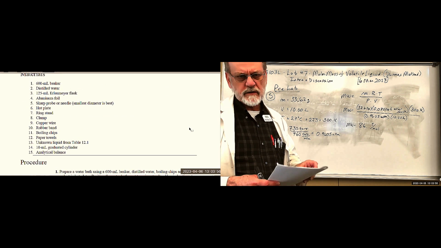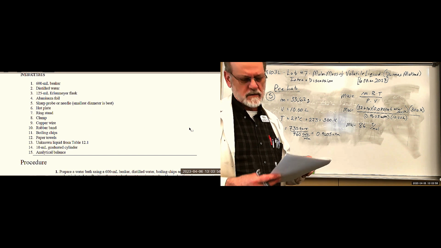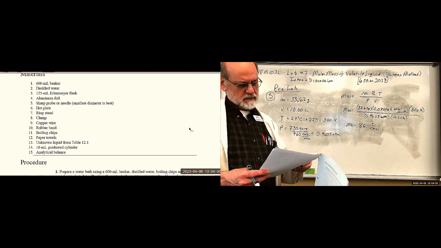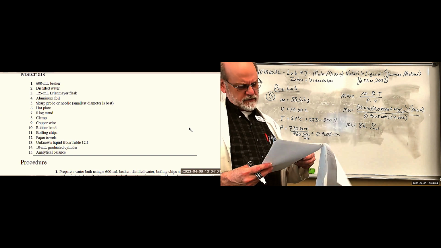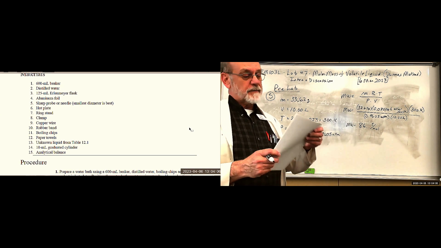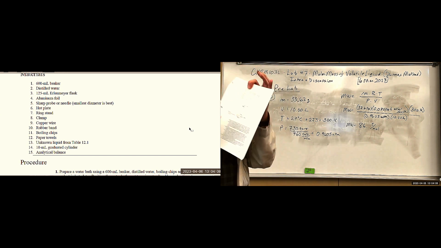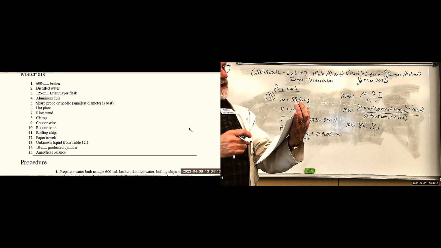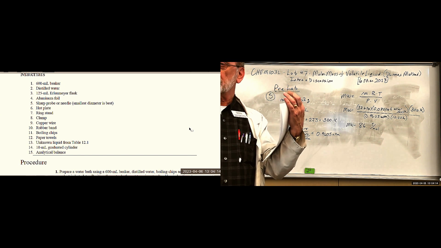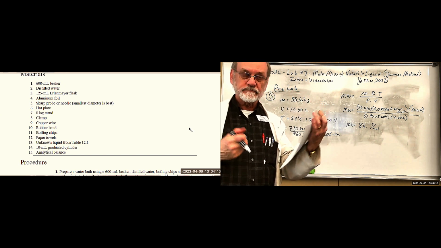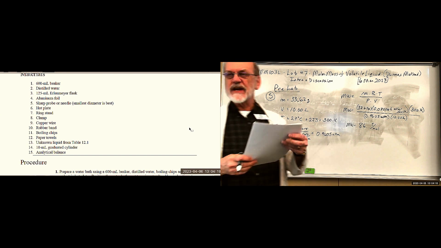Okay. Any questions so far? Let me see. We got any post-lab questions? Well, you'll see in this chart right here, I've got 1, 2, 3, 4, 5, 6 different volatile liquids to choose from. And they each have a number on them.